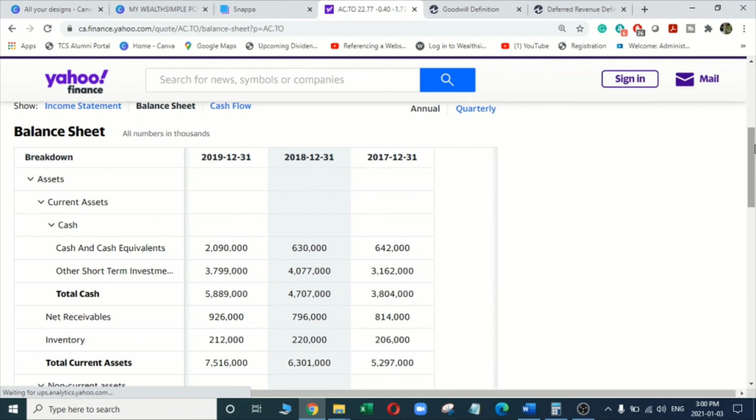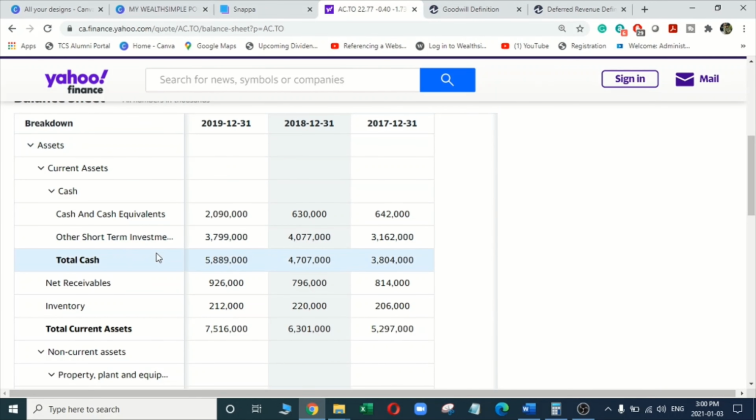All right, so in the balance sheet there are two terms basically. The first one is the assets and the second one is the liabilities. And in assets there are current assets and non-current assets. What does that mean? Current assets are basically the assets that the company is in a position to cash in a period of 12 months.